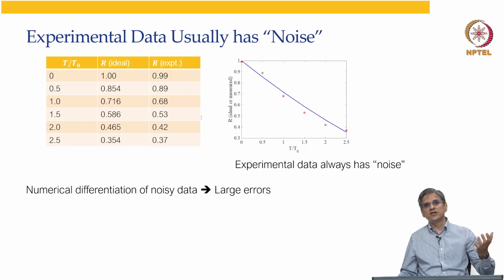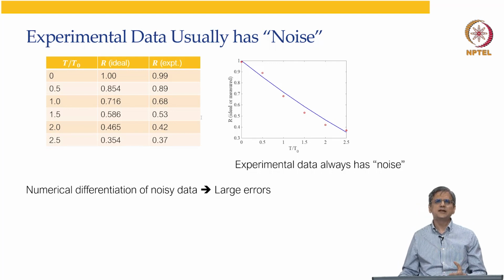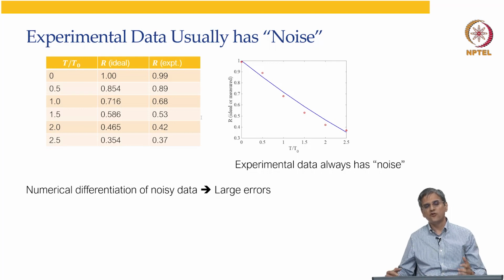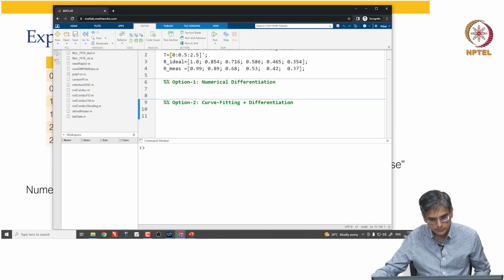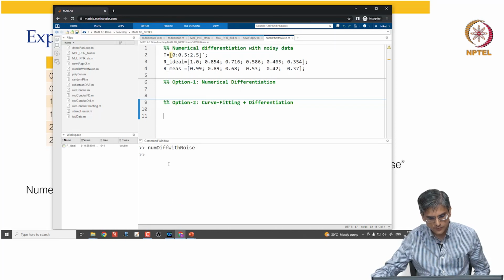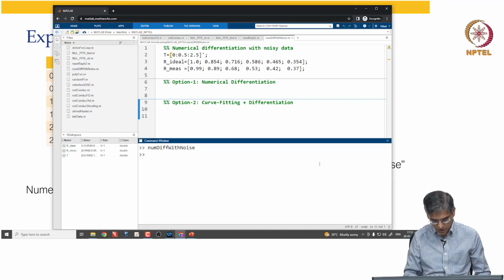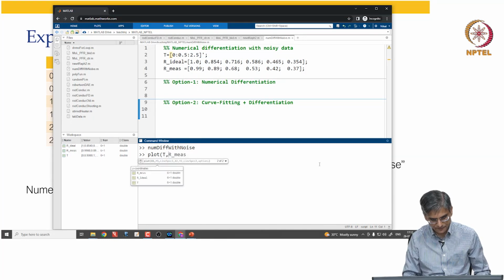Note that when you actually collect data from an experiment, data is never perfect. For example, typical experimental errors can be anywhere between 2 to 10% for engineering experiments. So let me run this, and let me plot the plot that you had already seen earlier. Let me plot t.